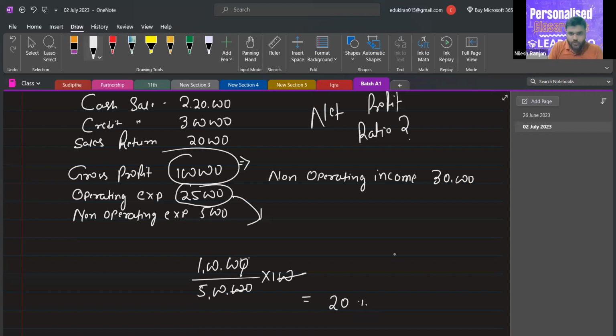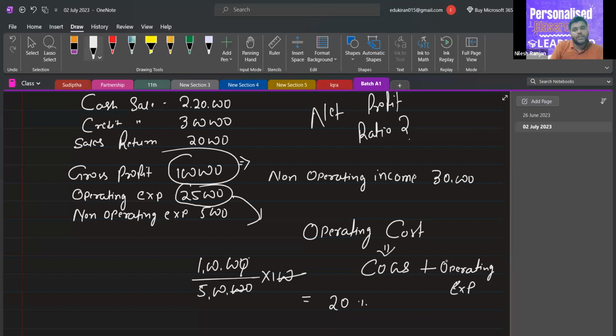Okay. So what is operating cost? There is a concept of operating cost also. Let me explain this to you. In operating cost, we include cost of goods sold plus operating expenses, or you can say other operating expenses.